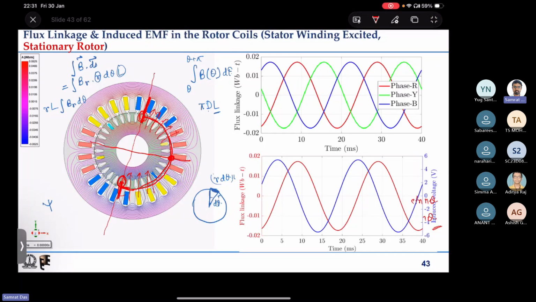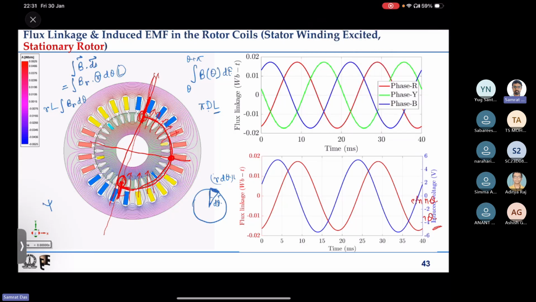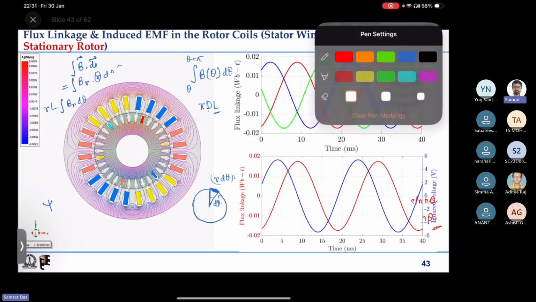So the flux linkage does not change with speed, right? If the rotor position is like this, with the axis perpendicular, the flux linkage will be maximum. And if the axis is along the winding, then it will be minimum, that is 0. So the flux linkage magnitude does not depend on speed, but the induced EMF does depend on speed.